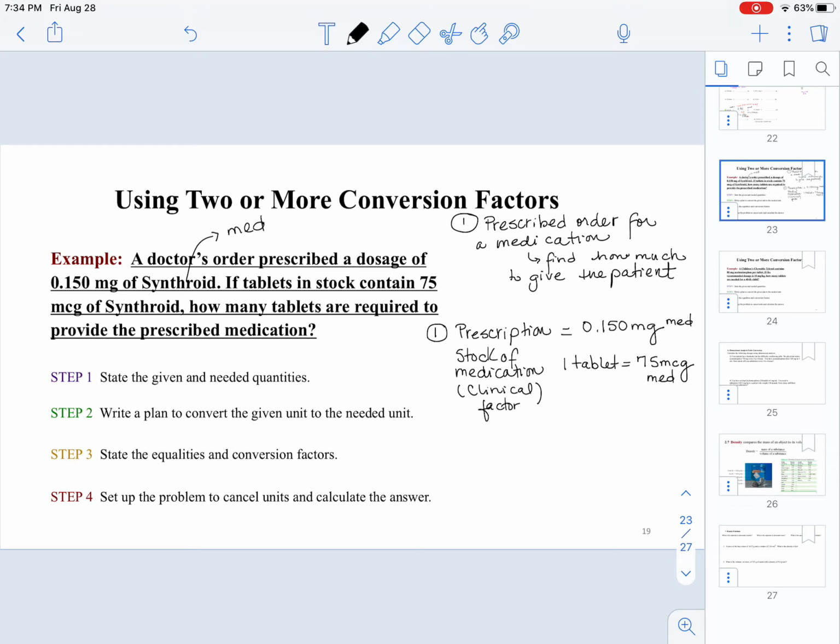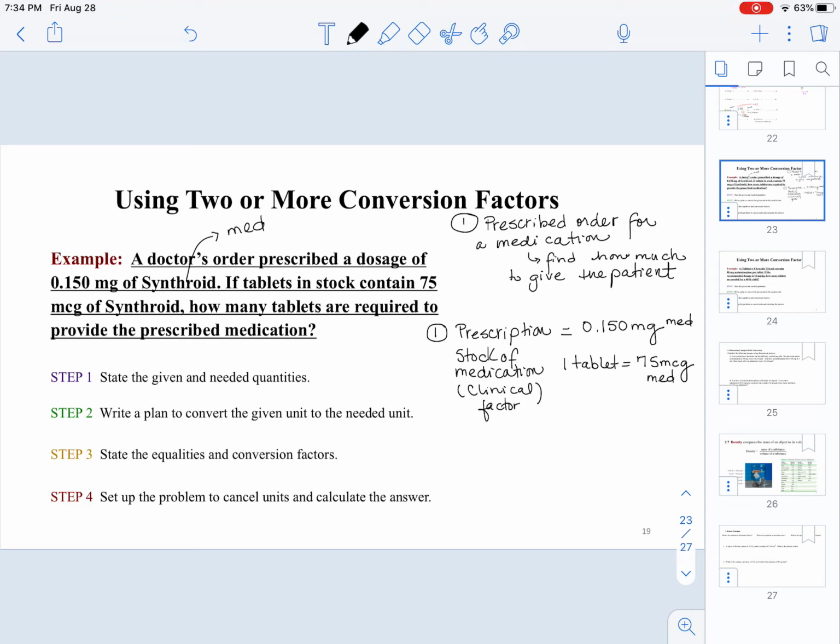So how do we deal with this problem? Understand that in order to do this problem, we need to write a plan in order to convert the given unit to the needed, and we need to state the equalities for the conversions, which is pretty much what I did for writing what is given in the problem. Then we have to set up the problem.